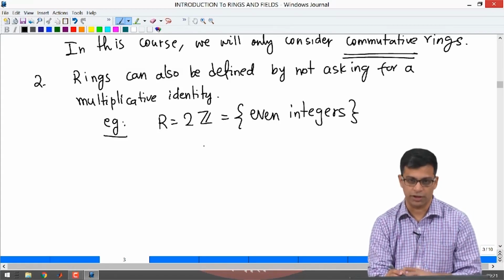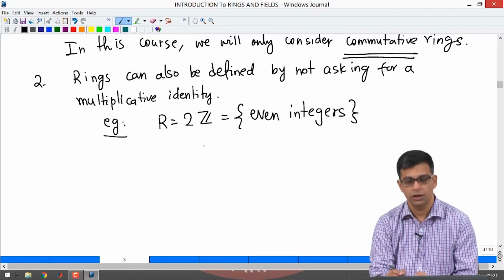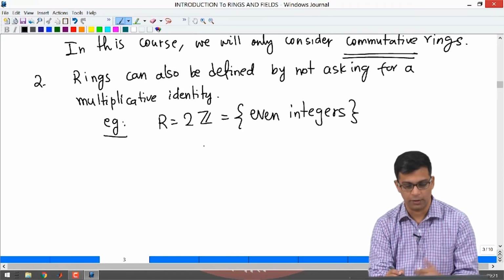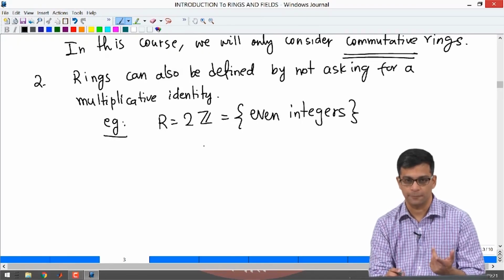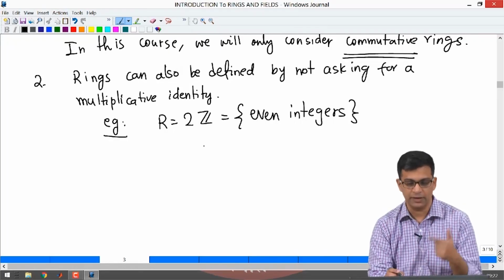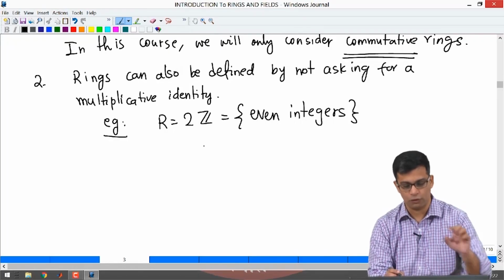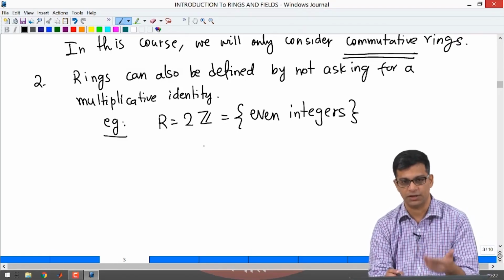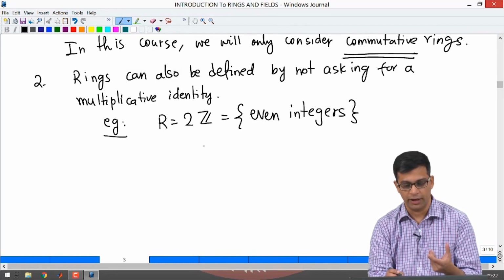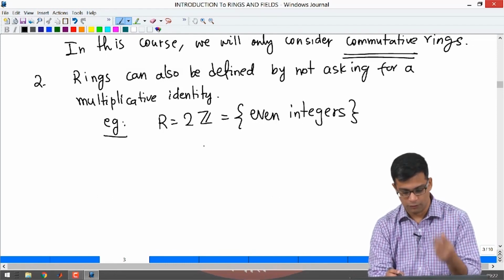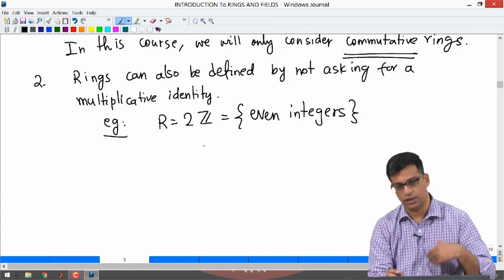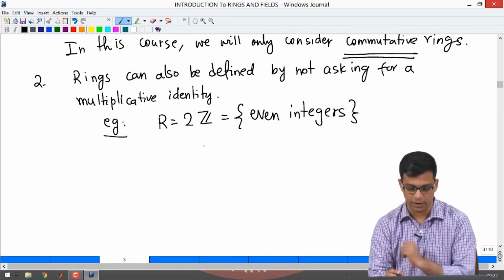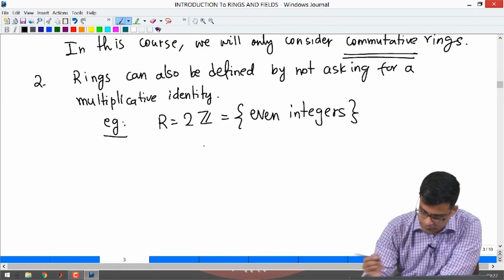It is associative, multiplication of integers is associative. It is even commutative, right, integer multiplication is commutative, but there is no 1, there is no element in this set which functions as 1. Of course 1 is not even, but there is no integer here that functions as identity for multiplication, because you multiply any integer with anything in here, it is going to not give that integer back. So this does not have 1.